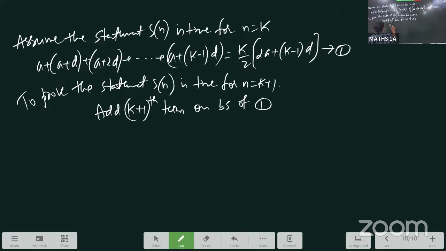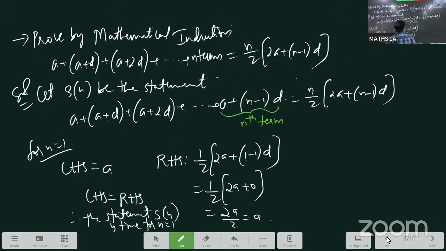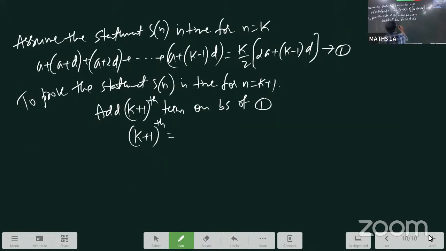Now, how to get the (k plus 1)th term? Already I told you, in your nth term, instead of n you put k plus 1. So what am I going to get? a plus (k plus 1 minus 1) into d, that is a plus kd. So add this term to equation 1.